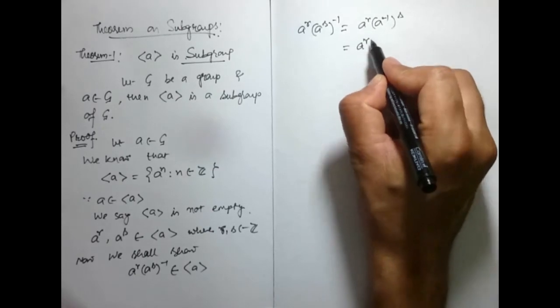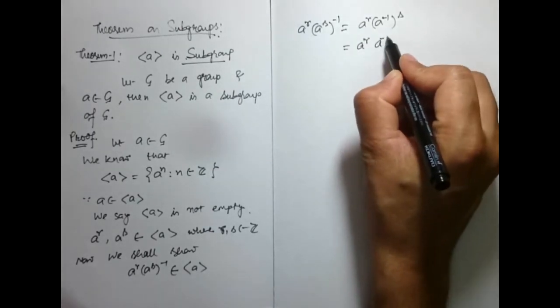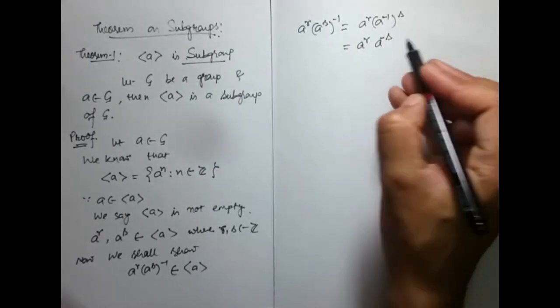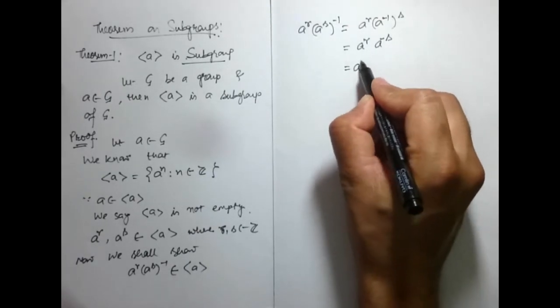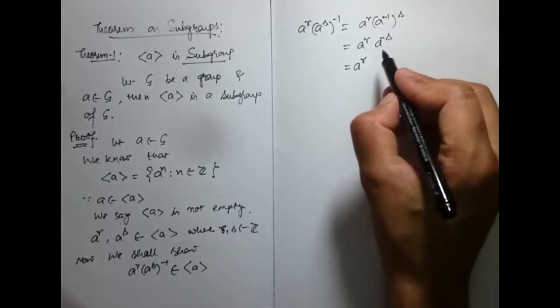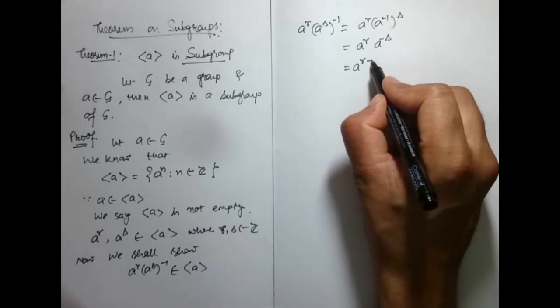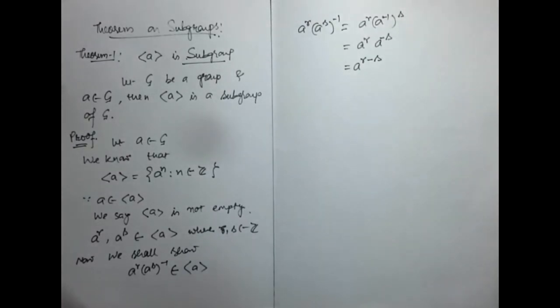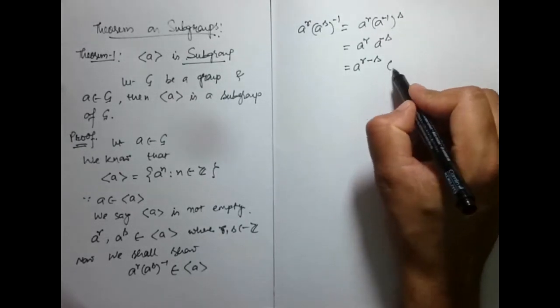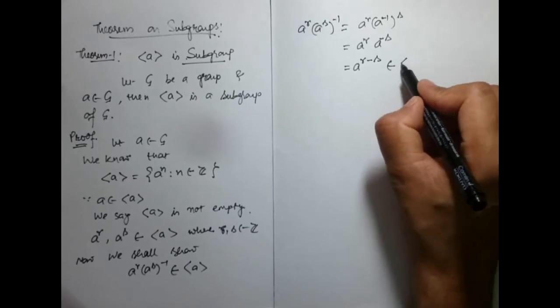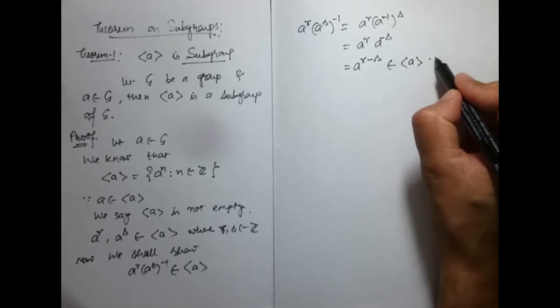इसे मैं लिख सकता हूँ a^r a^-s। इसको मैं लिख सकता हूँ a^(r-s). This belongs to this set. Why?